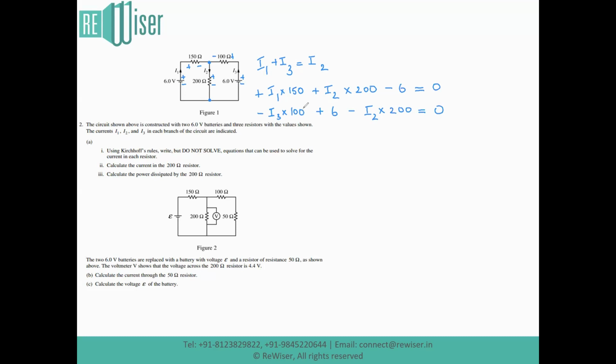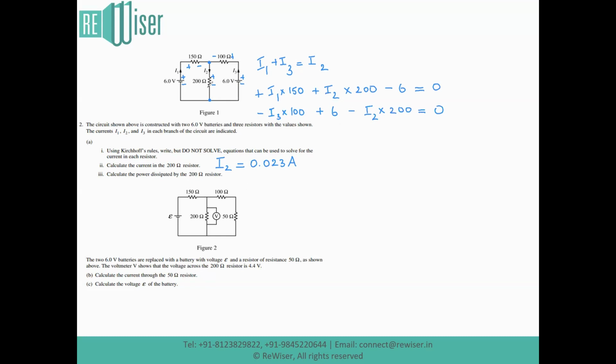Please use the calculator function to find the values of the individual variables. And when computed as such, you get the value of I2 to be exactly equal to 0.023 ampere.